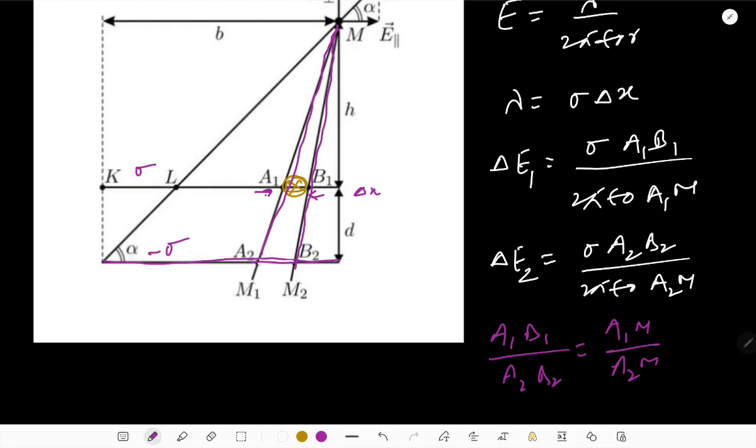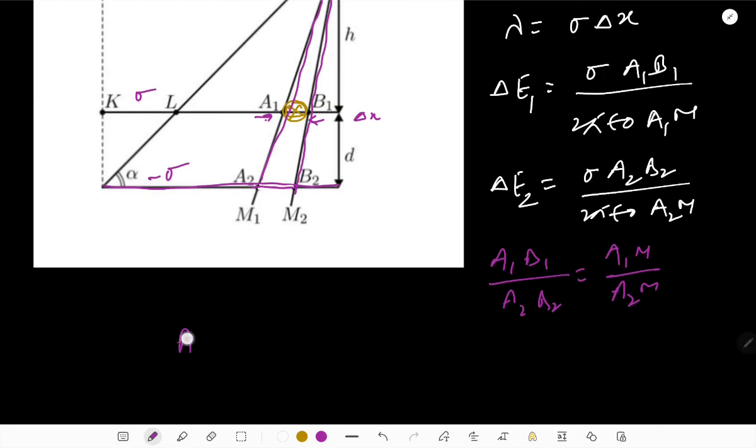And so you can write here A1B1 upon A1M will be equal to A2B2 divided by A2M, and you can see delta E1 and delta E2 have the same magnitude, but their directions must be opposite because one is created by a positive charge and another by a negative charge of the same charge density, plus sigma and minus sigma.